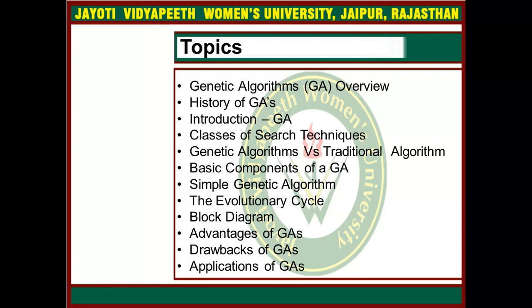First is genetic algorithms overview, then history of genetic algorithm, then a brief introduction of genetic algorithm, classes of search techniques, genetic algorithms versus traditional algorithm, basic components of genetic algorithm, simple genetic algorithm, the evolutionary cycle block diagram, advantages and disadvantages of genetic algorithms, and the last is applications of genetic algorithms.